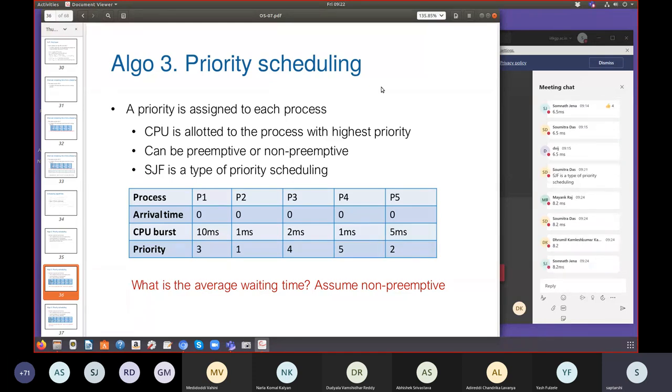Many of you have got it. So it's 8.2 milliseconds. And this is quite simple. I'm not showing the Gantt chart, but many of you have got it, right?